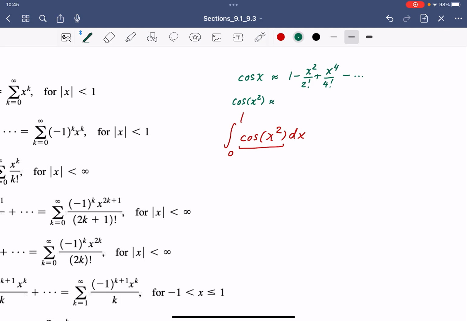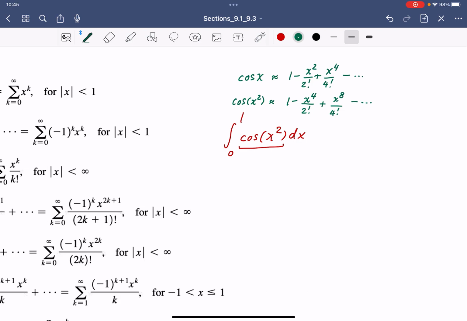So once you plug in x squared, cosine x squared is gonna be 1 minus x to the 4th power over 2 factorial plus, you have to plug in x squared for x, so this is going to be x to the 8th power. Makes sense? Because it's gonna be x squared and then you raise it to the 4th power. So it's gonna be x to the 8th power over 4 factorial and keep going.